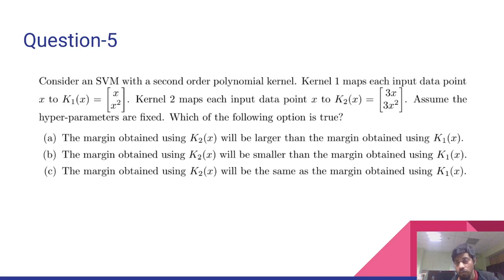Option is C. Why do you think so? Can you explain? Any intuition? You are not audible clearly actually.